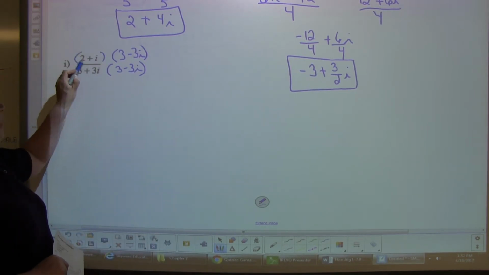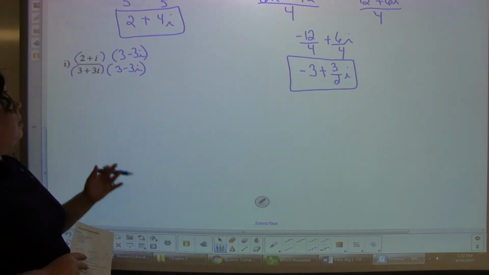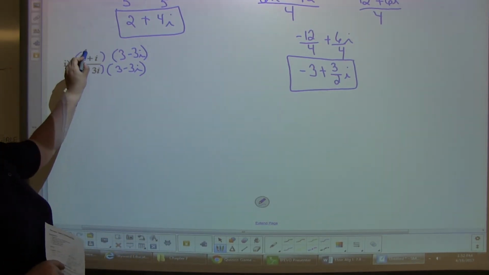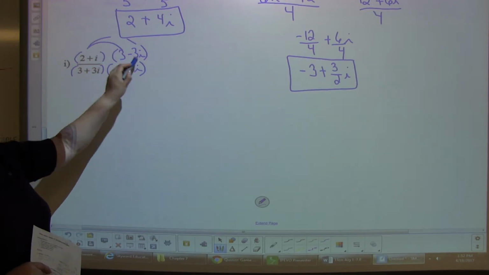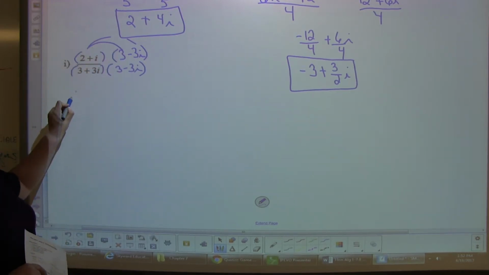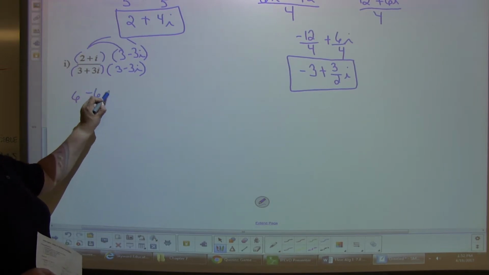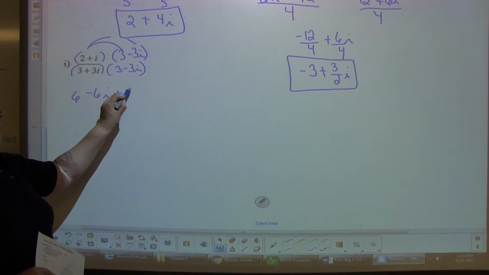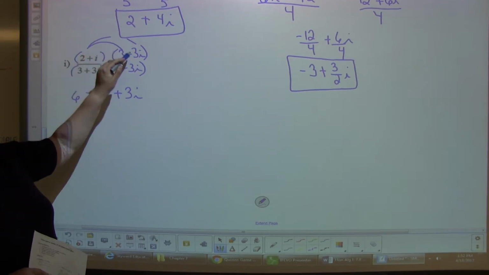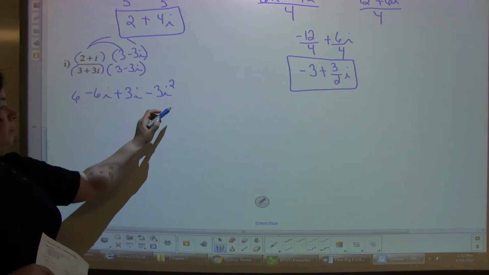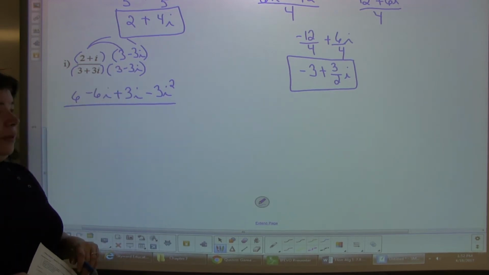Again, you're multiplying the entire quantity, top and bottom, by that conjugate. So we are going to go ahead and distribute thoroughly. So 2 times 3 is 6. 2 times negative 3i is negative 6i. i times 3 is positive 3i. And i times negative 3i is negative 3i squared. We're going to simplify that in a little bit.